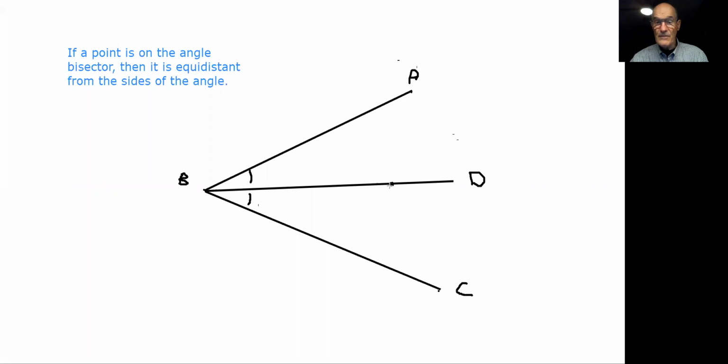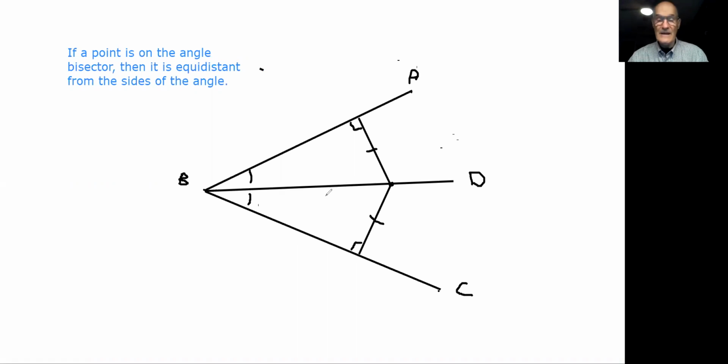distance, if the distance from this point to the side is measured perpendicularly like this, and the same thing goes the other way. So what I'm saying here is that those two are perpendicular. So what I'm saying here is that any point on the angle bisector is the same distance from the two sides. So that means that this line and this line, or the segments, are congruent.